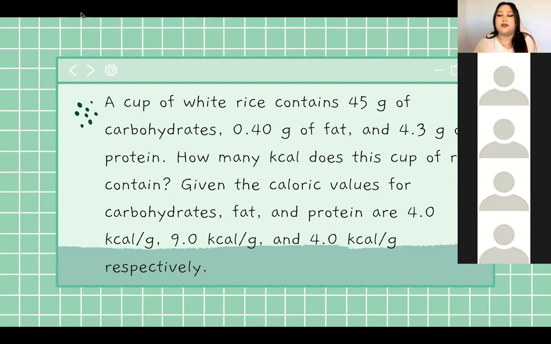This is one of those nutrition problems, and I tried to mimic Dr. Tran's style of questions as best as I could. So this is my version of it. How would we set this up? I know there's a lot of information. What is the question? What's the first step for this question?